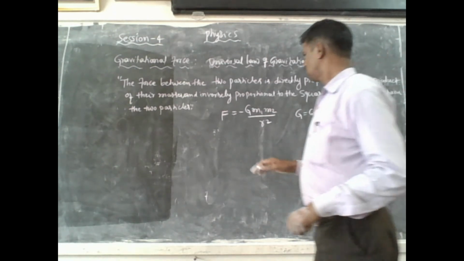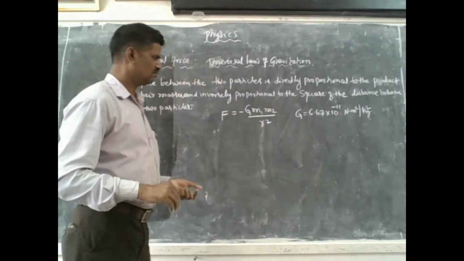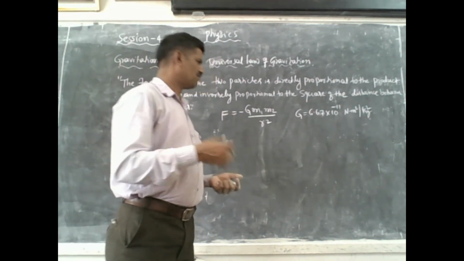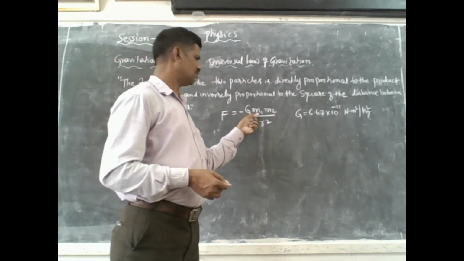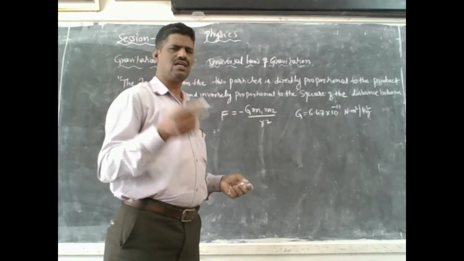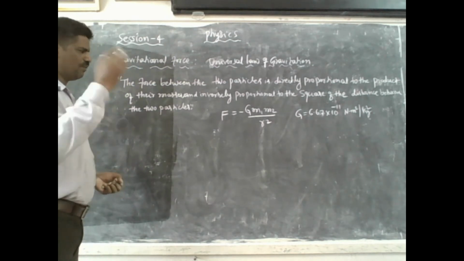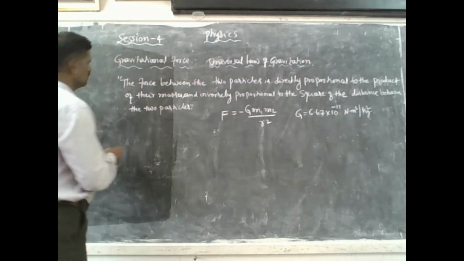This is the universal gravitational constant, isn't it? And masses may be different, whatever the particle, it is also applicable. The gravitational force is also applicable to the small particles on the earth, or any two particles.